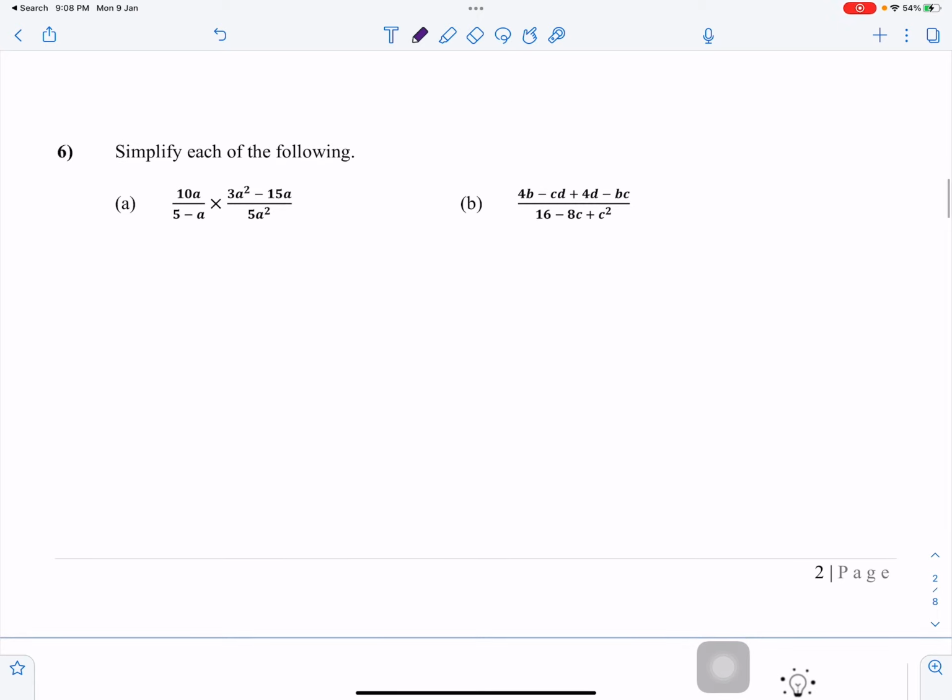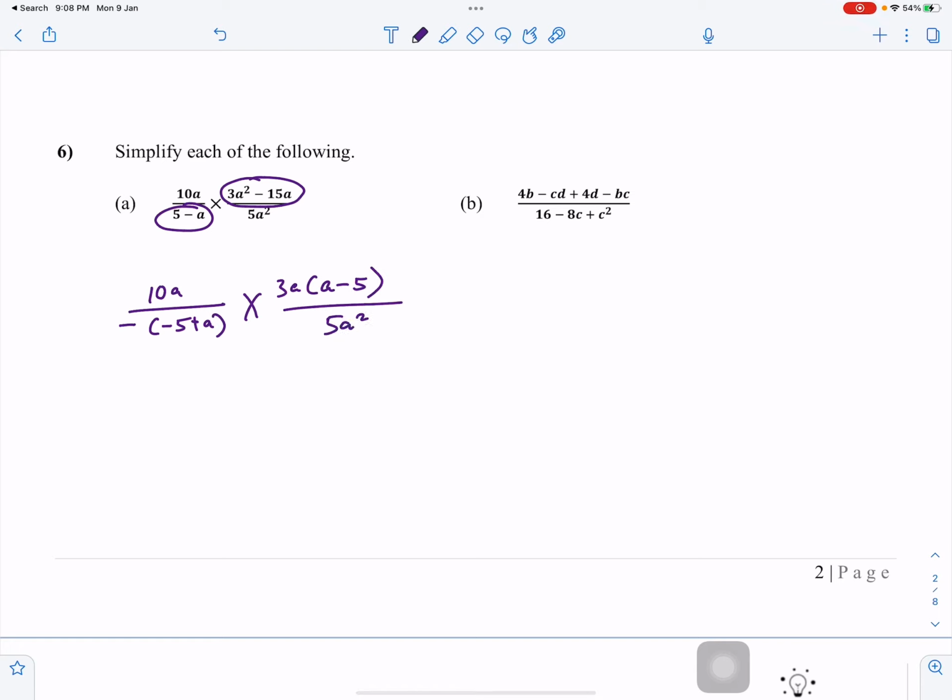Next question, question number 6. Question number 6 itself, you will see a similarity between this and this. So what you're going to do is take out a minus sign. Why do I want to take out a minus sign? Later on you will see the reason.